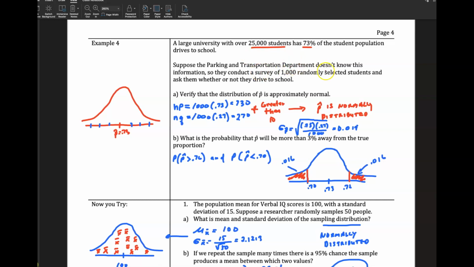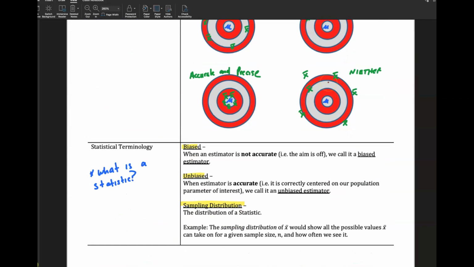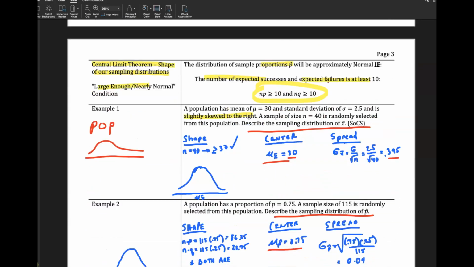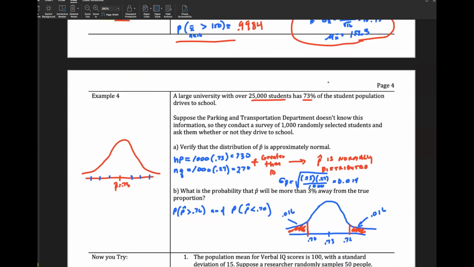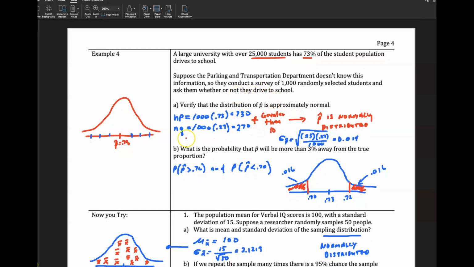Now suppose the department wants to conduct a survey and ask them whether or not they drive to school to get an idea. So we can look at the sampling distribution, see if that data is accurate, right? You take a sample of 1,000 and we would apply the sampling distribution rules.